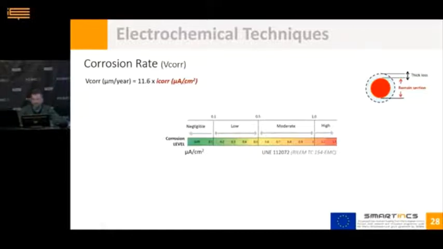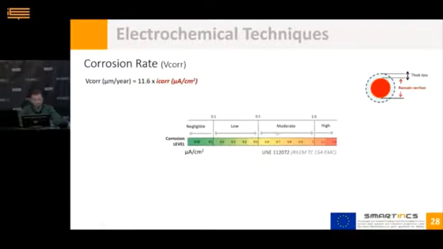Okay, as we are seeing, electrochemical techniques base this measurement principle on analyzing the reinforcement response when an electrical signal is applied. So it's usual to use this parameter. Okay, as expected, the corrosion current density is directly proportional to the corrosion level established in standards.